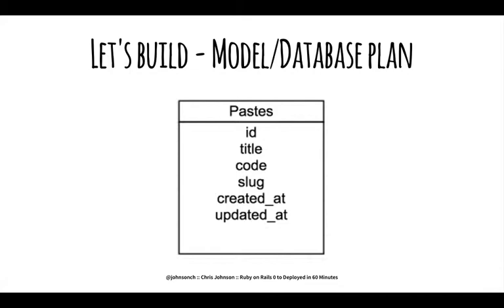We're going to create a string field that's a title, a text blob to put the code into, and then a slug, so we're not just sending around crux 1, 2, 3, 4. We'll give it a unique thing so it looks like it's from GitHub and we look all professional. And then automatically added to each table, unless you take that out, are created_at and updated_at, so you can keep track of stuff for metrics.